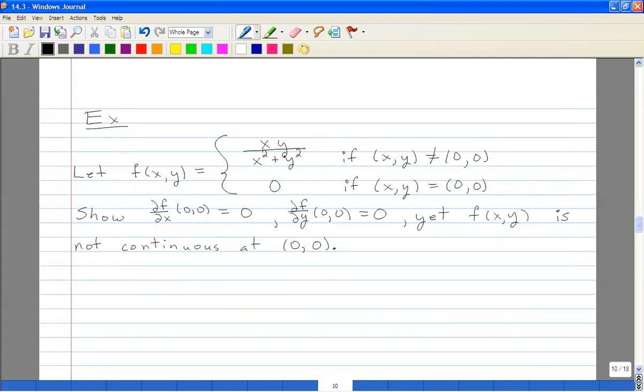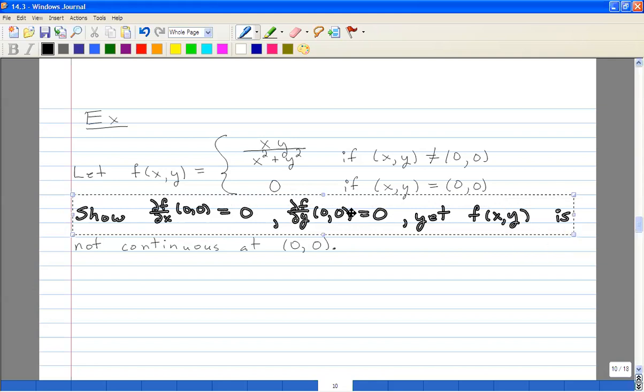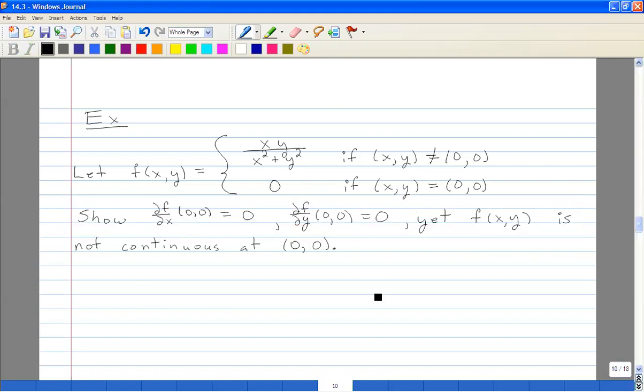It's xy over x squared plus y squared if (x, y) is not the origin, and it's 0 if (x, y) is the origin. Show that the partial of f with respect to x at the origin is 0, the partial of f with respect to y at the origin is 0, yet f of x, y is not continuous at the origin. So even though both partials are defined and equal to each other, both equal to 0, still the function is not continuous.